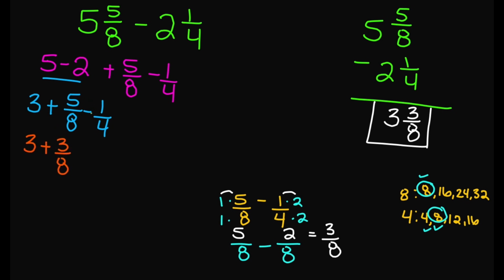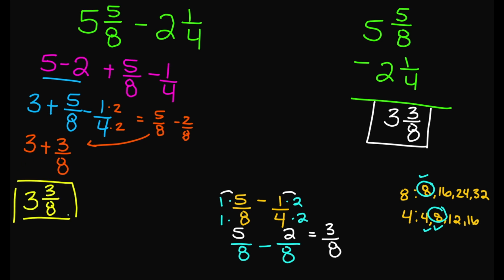When you subtract these fractions here, remember you still have to find a common denominator. So I can multiply top and bottom here by the number 2 because that's going to give me 8 in my denominator. And then you'll get 5 over 8 minus 2 over 8. And that's where we got the 3 over 8 from. So now you have 3 and 3/8 as your answer when you add the 2. And this is your final answer as well.